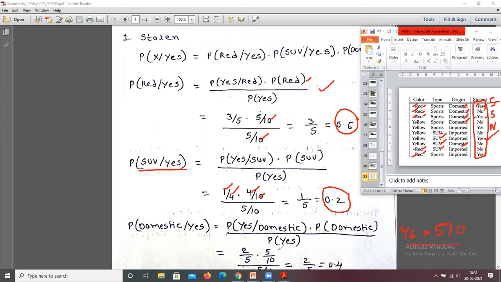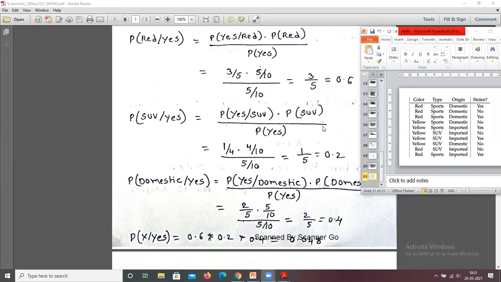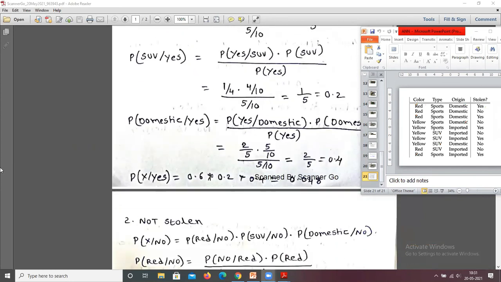If you evaluate this, we got 0.4 as an answer. And what is the final answer for this? Probability of X given S is 0.6 into 0.2 into 0.4, that equals 0.048. 0.048 is the probability of yes, stolen.